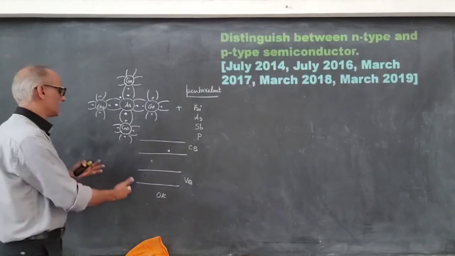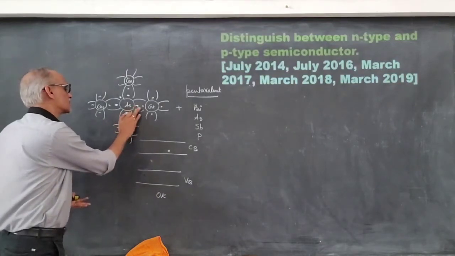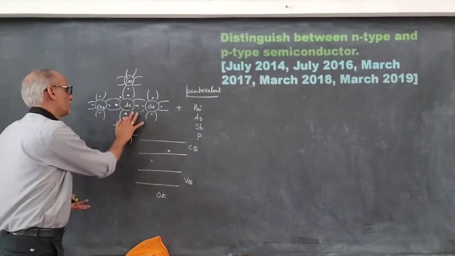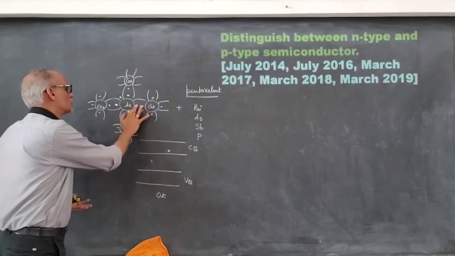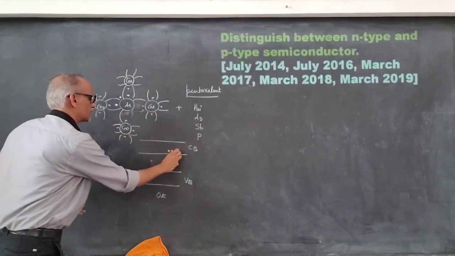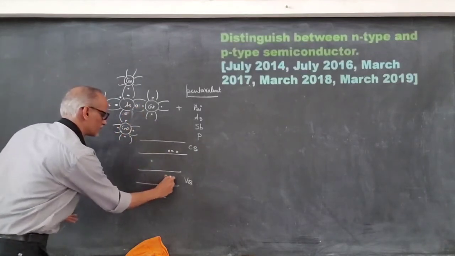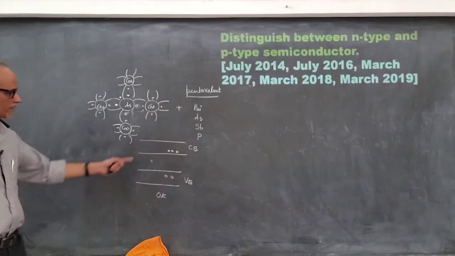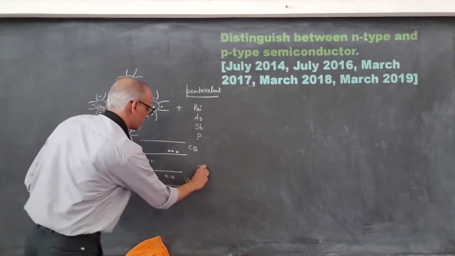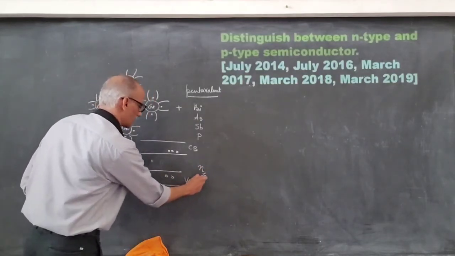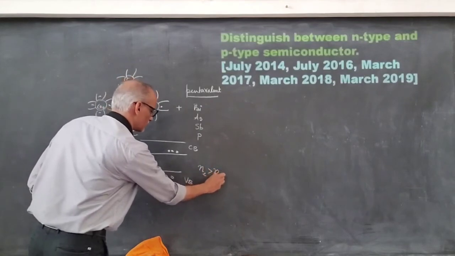For example, if the temperature is increased and if two bonds break, then two more electrons are available in the conduction band and two holes are available in the valence band. So what we see here is that the number of electrons is always more than the number of holes.